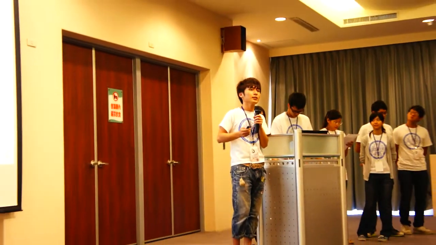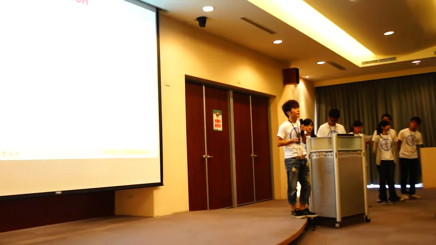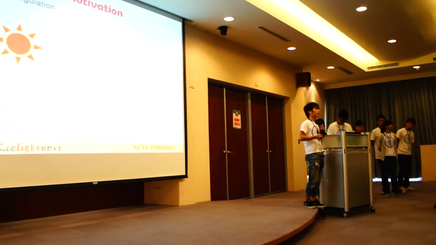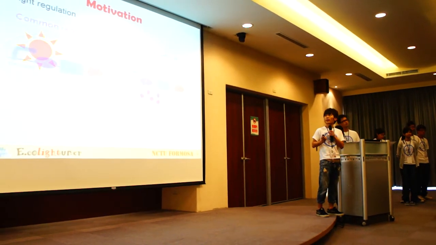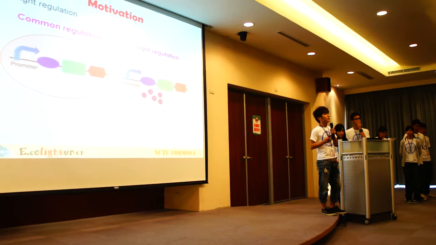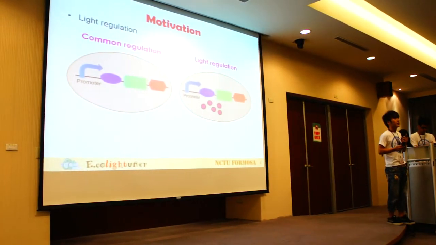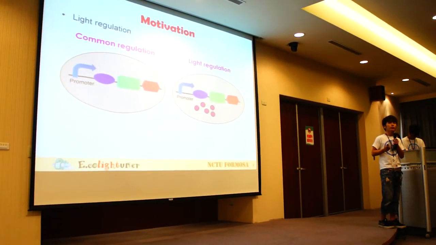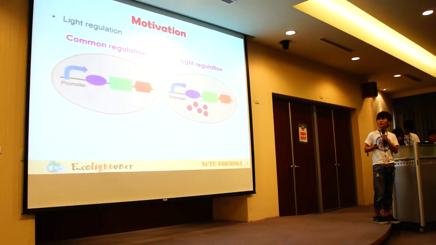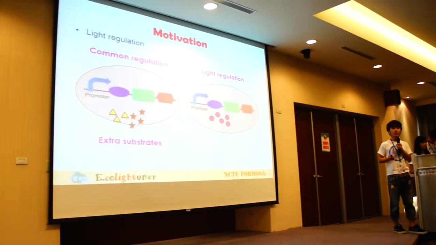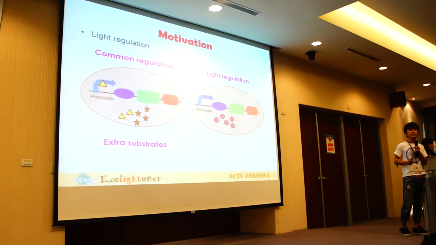During daily life, changes of day and night, such natural and non-invasive regulators motivate us in designing the regulating systems. The light regulating system is different from the common regulating system. In common regulating systems, which we usually see in iGEM projects, we usually have to add extra substrates to induce the promoter.